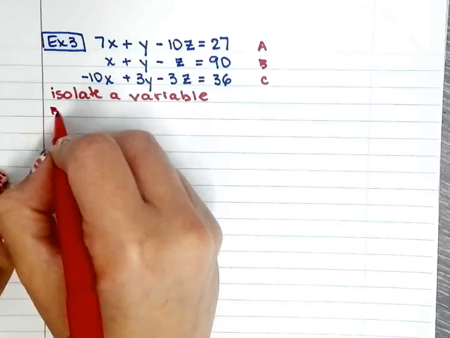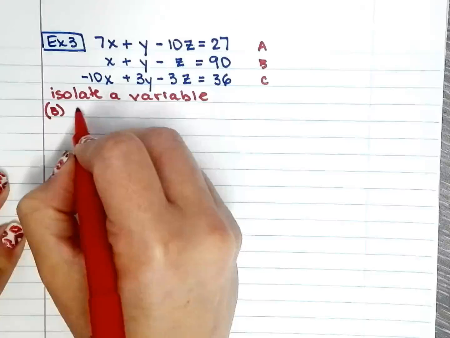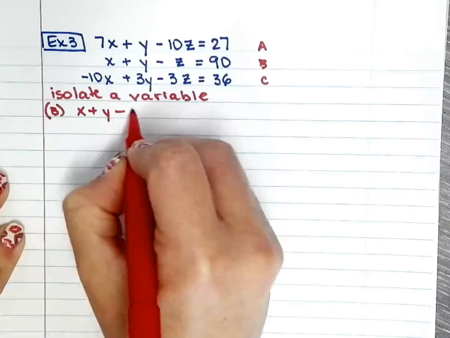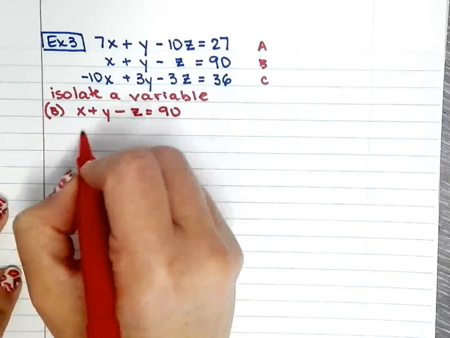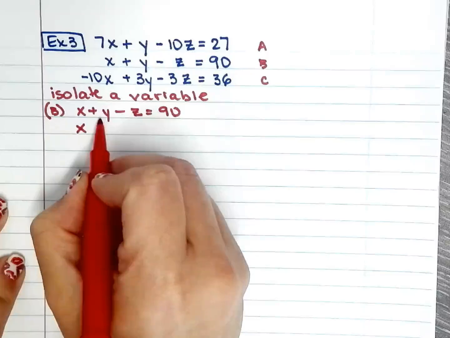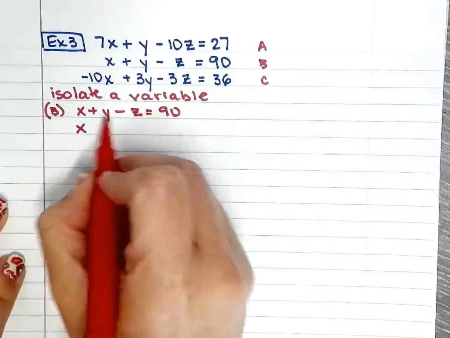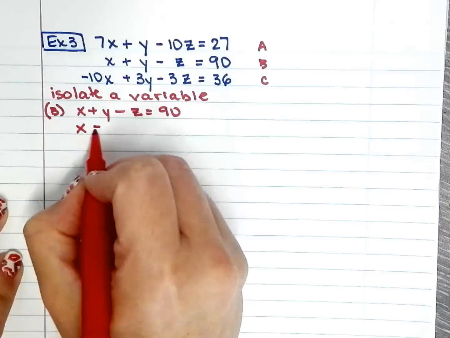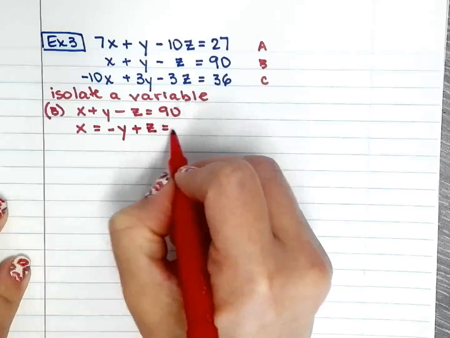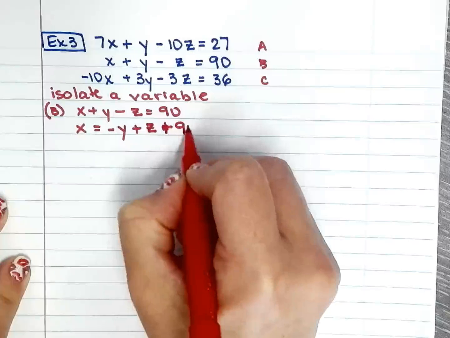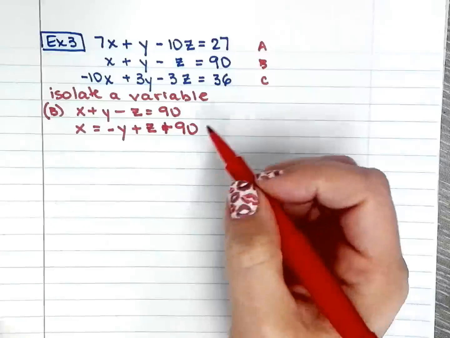Starting at B right there, this is my original equation. I will isolate x by subtracting y from both sides and adding z to both sides. So I have -y plus z plus 90. That's plus there. Sorry about that.